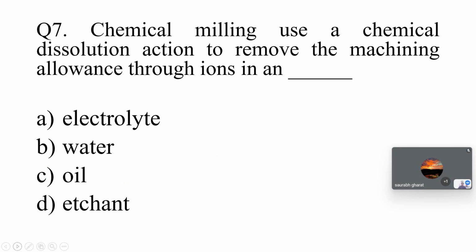This is the seventh question for you. Chemical milling uses a chemical dissolution action to remove material through ions in an. So which fluid are you using here to remove the material?